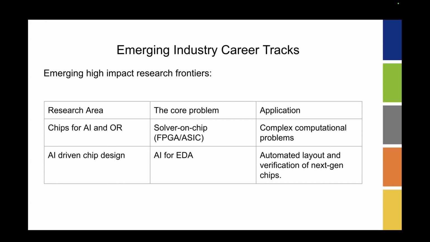For example, we have better chips for AI and OR related research to accelerate some of the intractable problems in complex computational areas, especially the OR problems which were not solvable. They look promising now with the advancements in better chips.